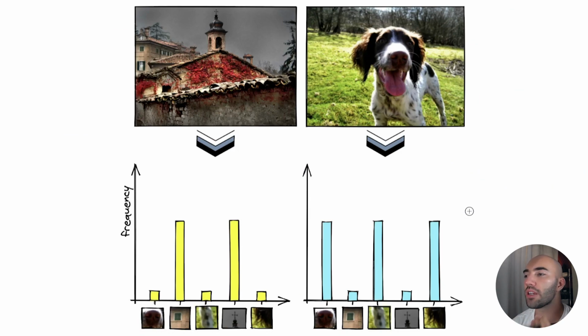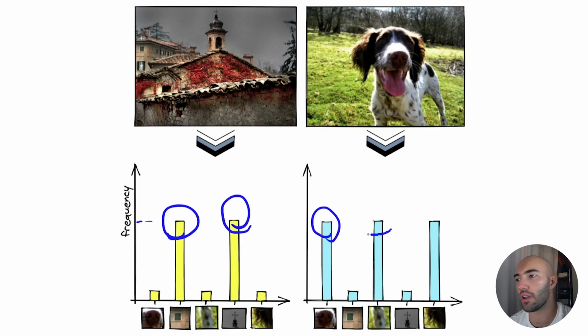And that frequency vector is basically telling us, okay, we have this many. I'm just going to use this example. This is, I think, 2 or something like that. We have 2 windows in this image. In this image, we also have these 2 crosses on top of a bell tower. Whereas this image of a dog, we have a nose, we have a leg, we have an ear, right?